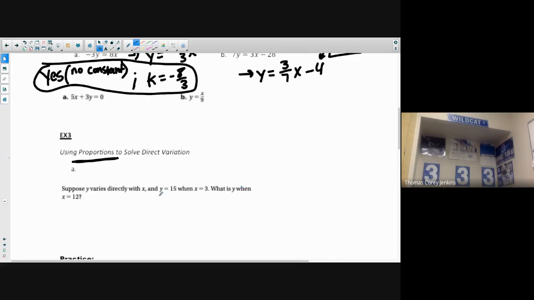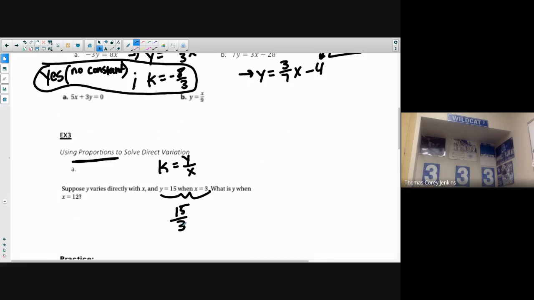So just always remember y over x. That's how you want to set up your ratios. So with these two, we would go 15/3. You don't really want to simplify that. That's not going to do you any good for the next one.